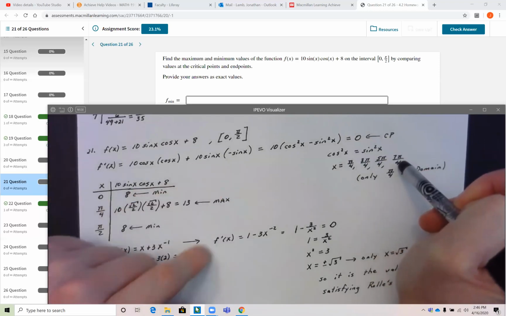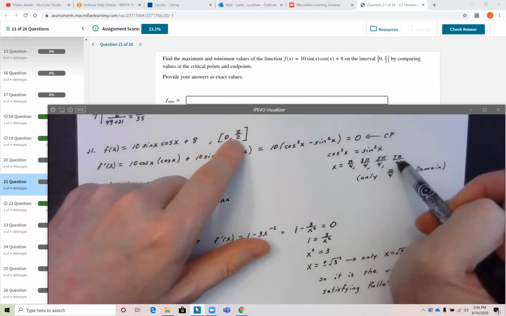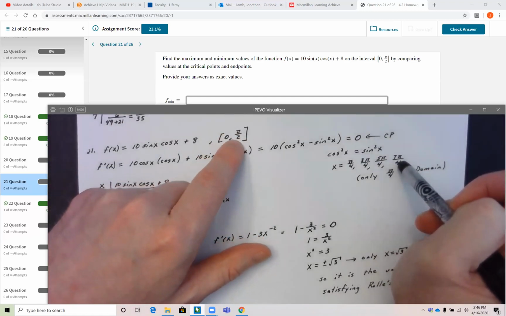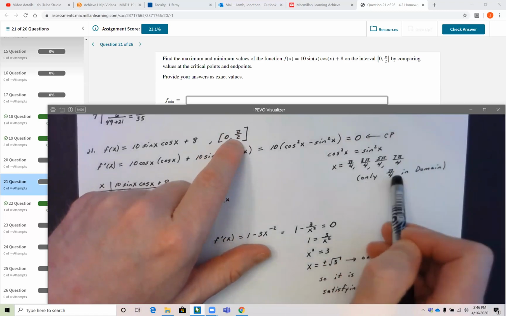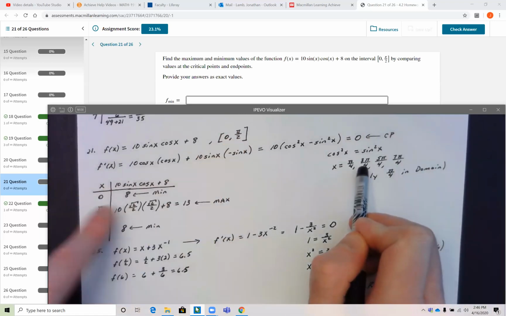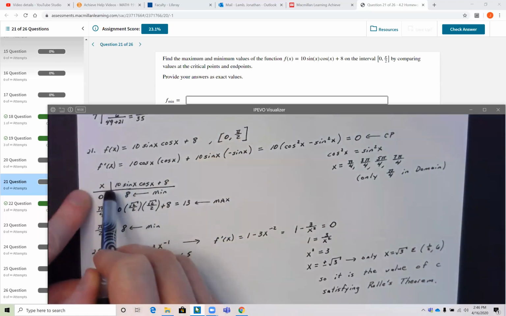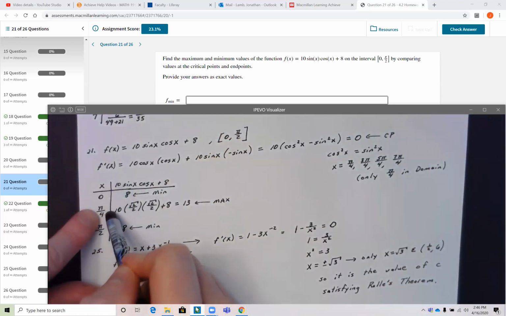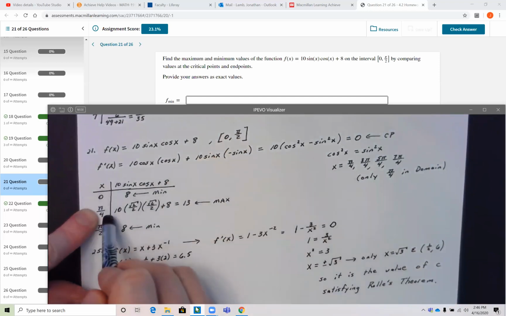Now, unfortunately, in this problem, I only needed one of those critical points because the interval I was interested in is 0 to pi over 2, so only pi over 4 is in the domain of interest. So I come over here, extreme value theorem: evaluate your function at the endpoints and at the critical point within those endpoints.